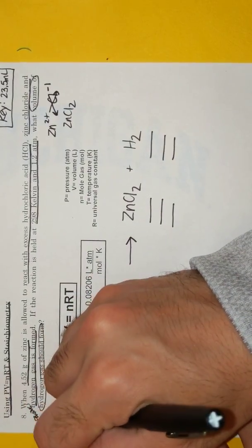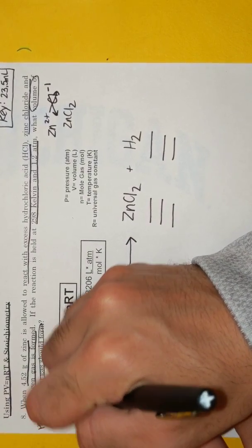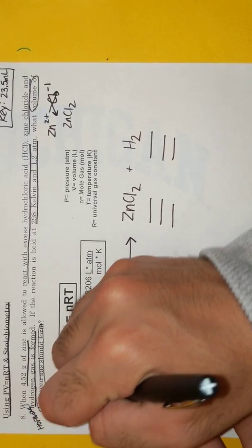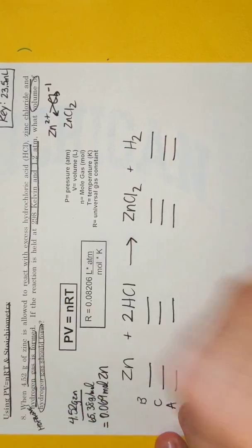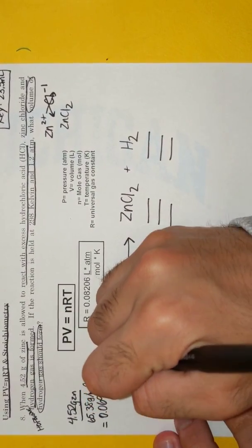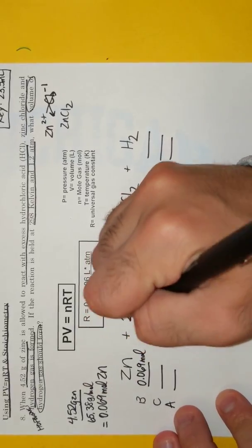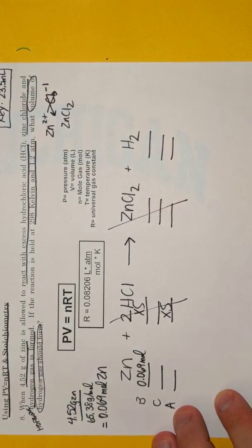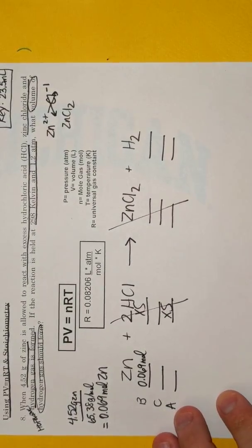The molar mass of zinc is 65.38 grams per mole, which means I have 0.069 moles of zinc. That goes in my before row in the BCA table. It says I reacted with excess HCl, and I actually don't even care about HCl or ZnCl2. The question's asking about Zn and H2.